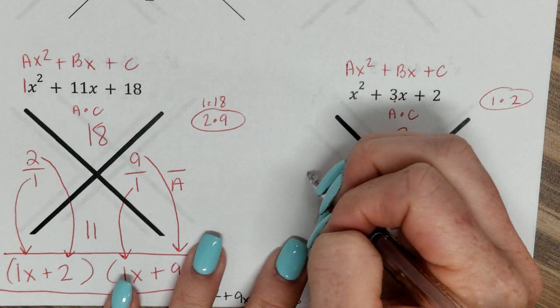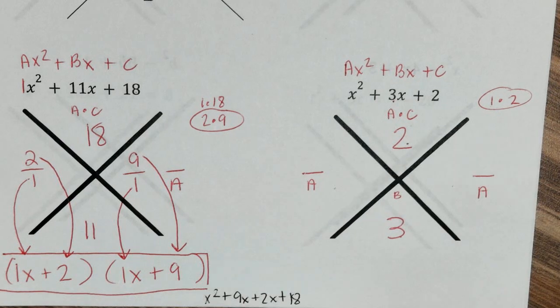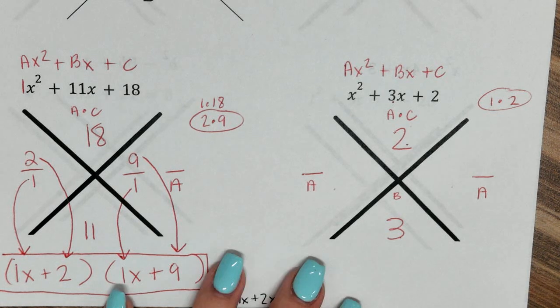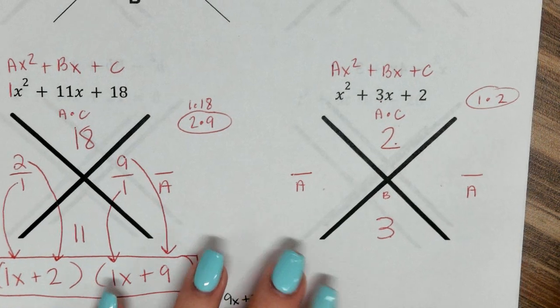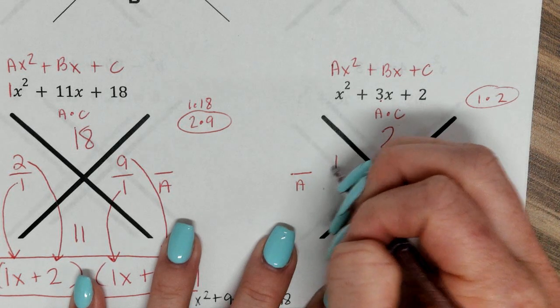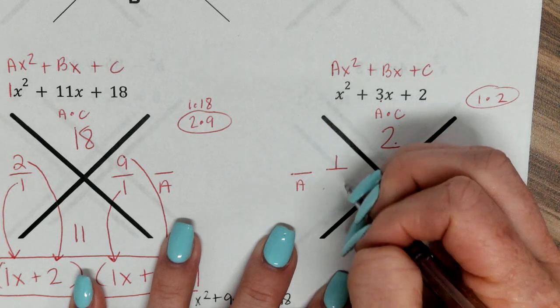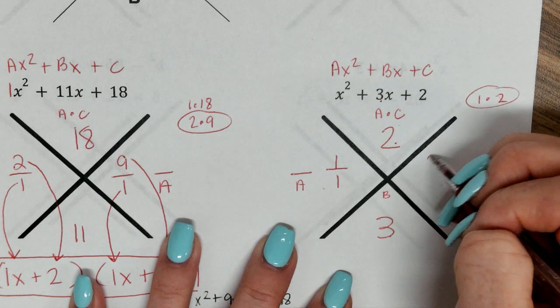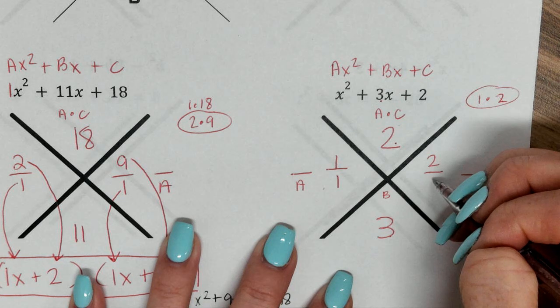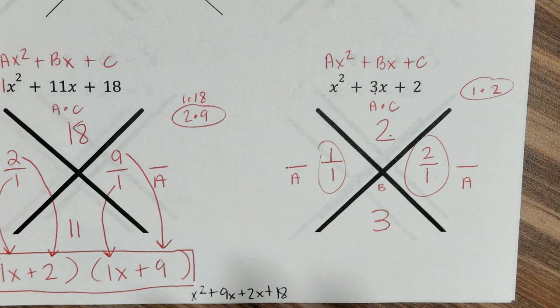So what goes here is your answer over A, your answer over A. Okay, so here I have 1 over A. Well, what is A? 1. And here I have 2 over A. What is A? 1. And these right here are my answers that go in my parentheses.